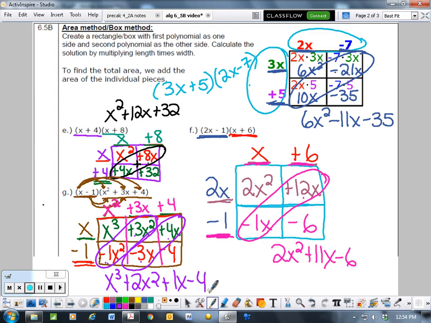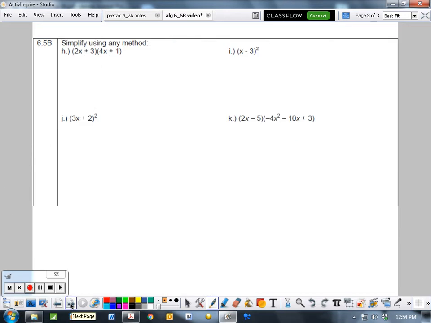So as our polynomials get bigger and bigger and bigger, you may want to use a box to help organize it. But again, all I care about is that you're consistently multiplying them correctly. Okay. And so here, again, just a lot of different problems using any method you want. So here we could go ahead and use FOIL.